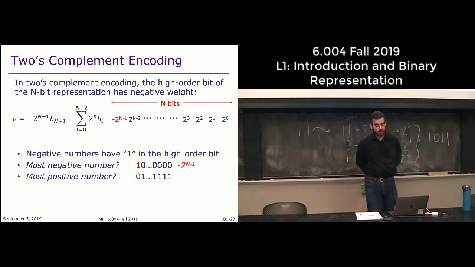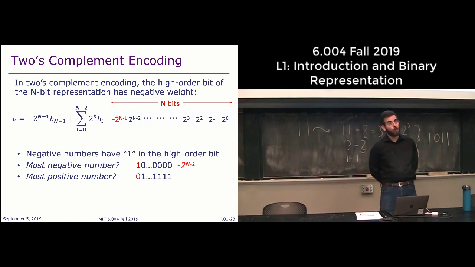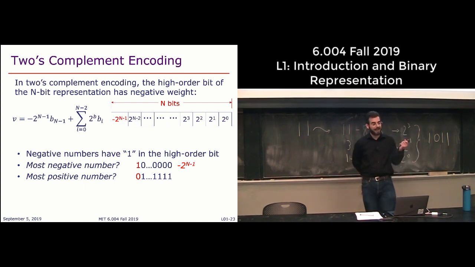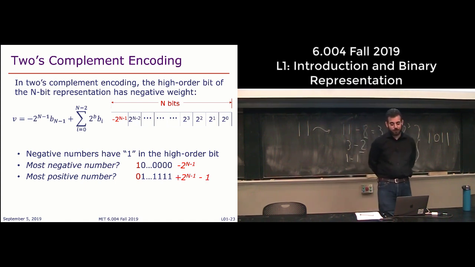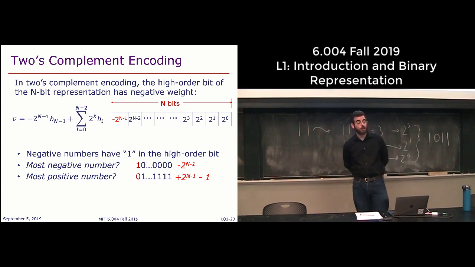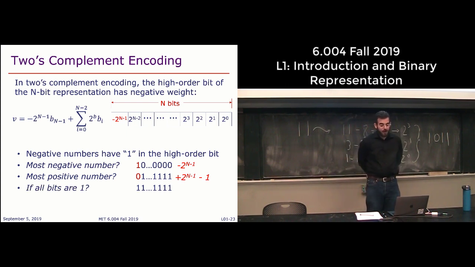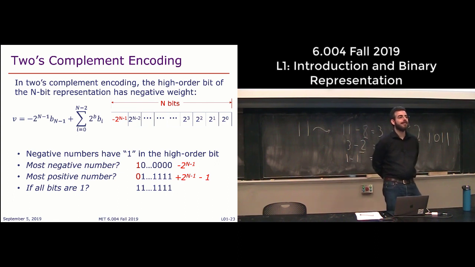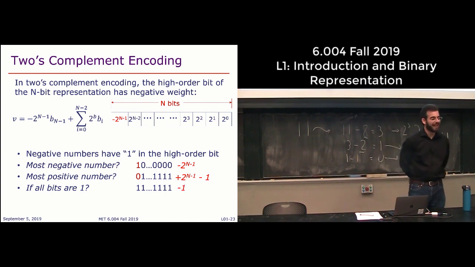What is the most positive number? Well, it's 0 followed by all ones, right? All positive bases enabled. And that's 2 to the n minus 1 minus 1. How about what number do you encode if all bits are 1? -1.